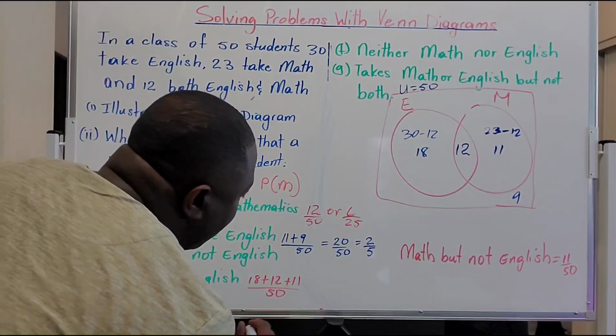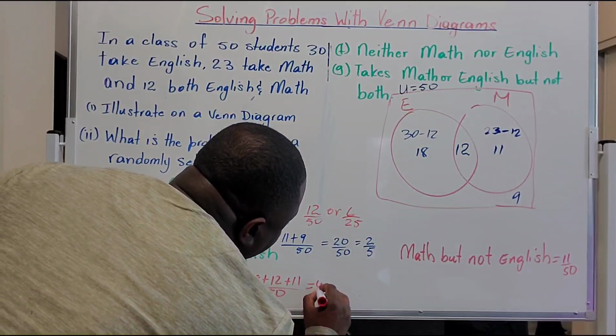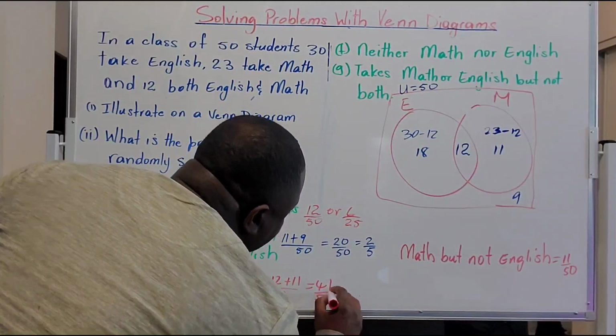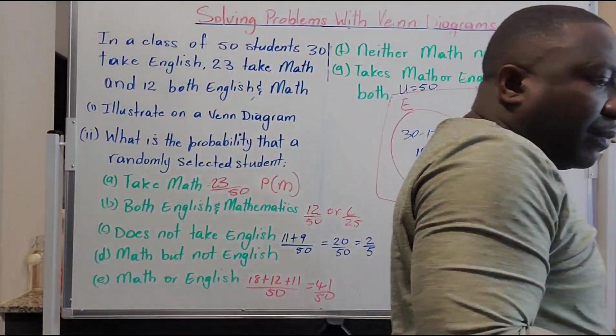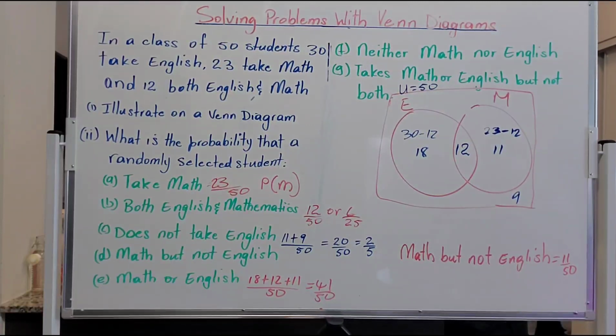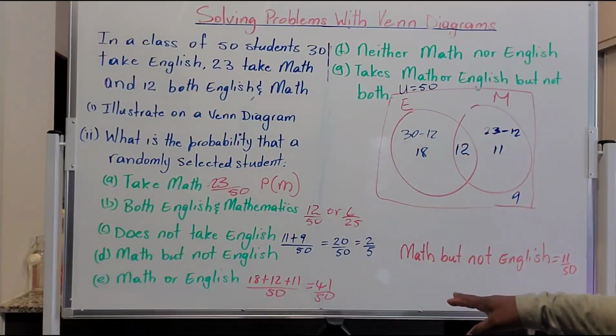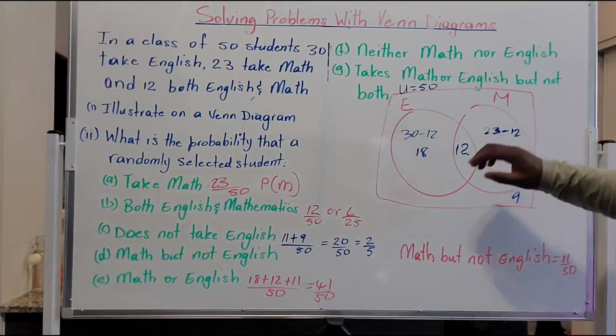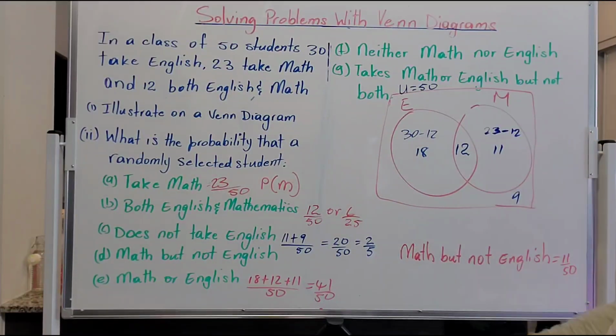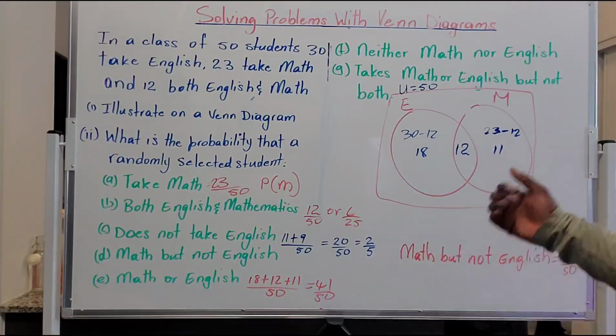We simplify where we can. That would be 41 over 50 students. 41 over 50. Note we are doing probabilities. And a fraction is choosing or selecting at random.